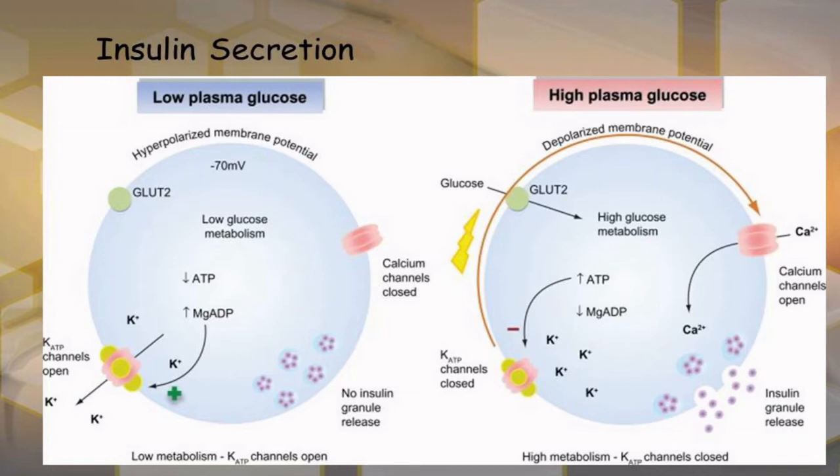So consider the situation where you have high plasma glucose concentration, and in high plasma glucose concentration, the glucose transporter that is present on the cell membrane, it acts as a sensor for the glucose concentration.